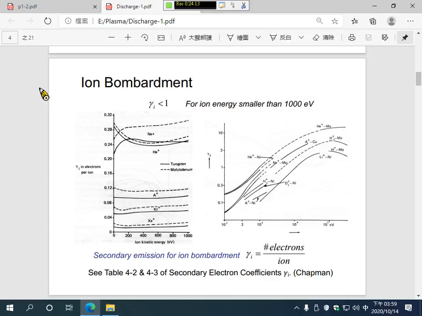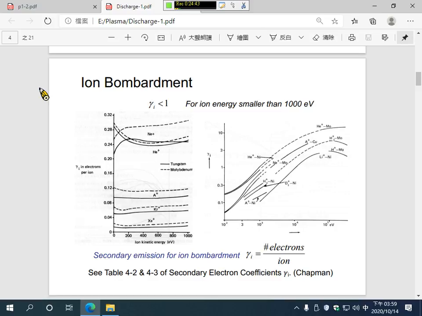But in our DC plasma system, usually the cathode voltage is smaller than 1,000 volts. So if you are generating a plasma system with a bias voltage less than 1,000 volts, we can just focus on this figure.